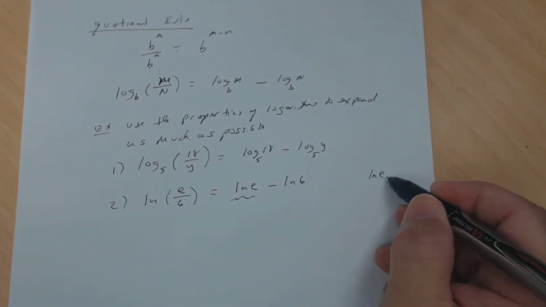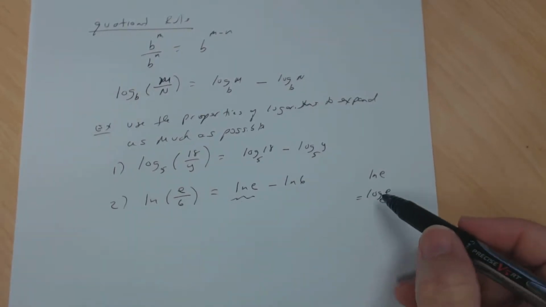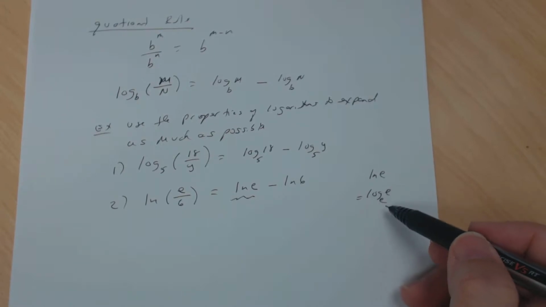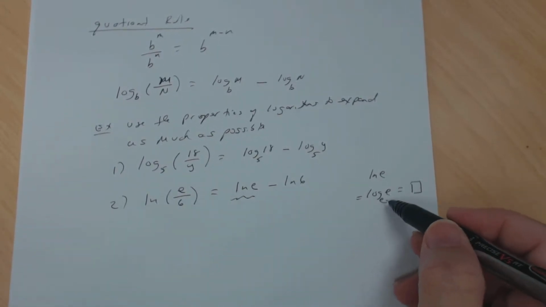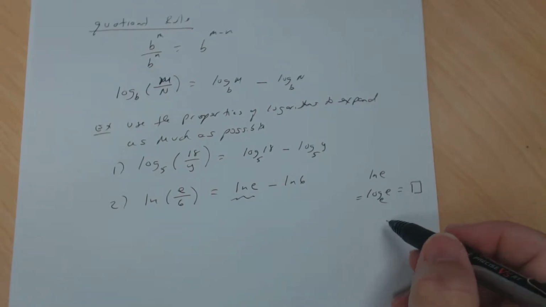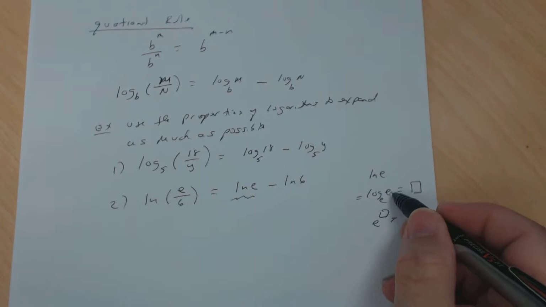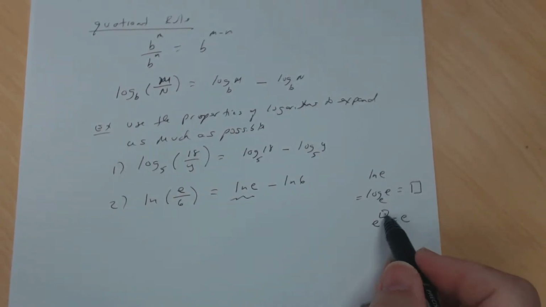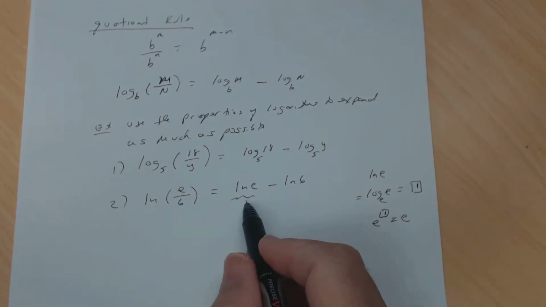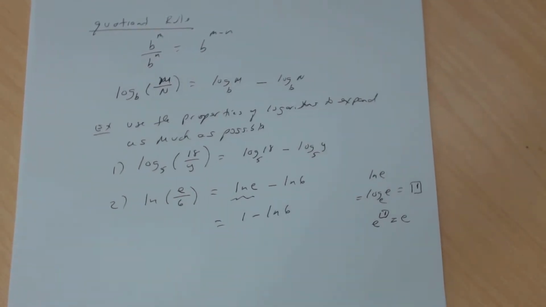The natural log of e means the log of e base e. So remember, ln is a log base e. So we can figure out what this is equal to without using a calculator. So e to what power is the argument, e. So e to the first equals e to the first. So this becomes a 1. So that's 1 minus the natural log of 6.